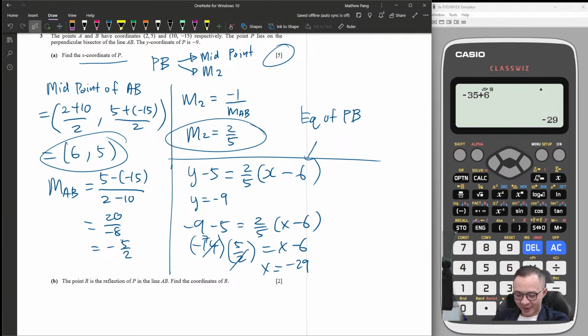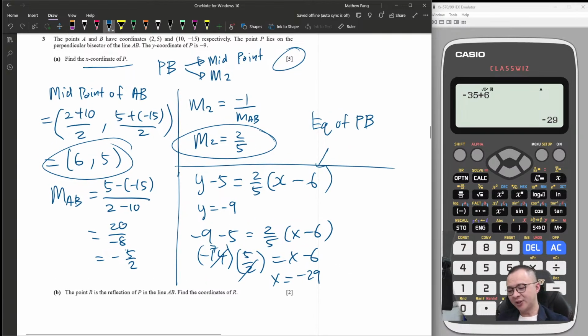Which part I got wrong? -14. The gradient is 2 over 5, x minus 6, become plus 6. Oh, this is -5.